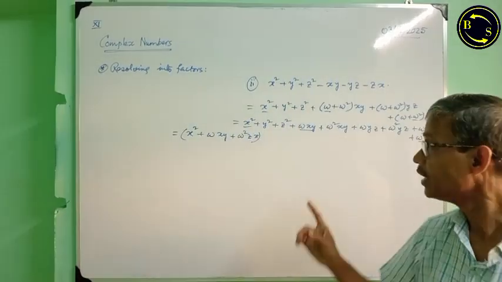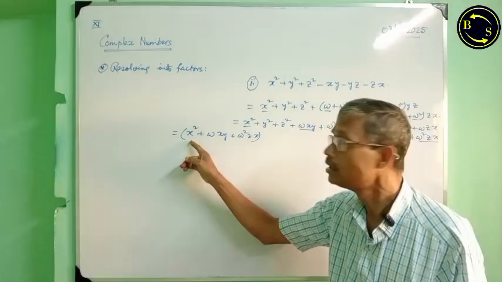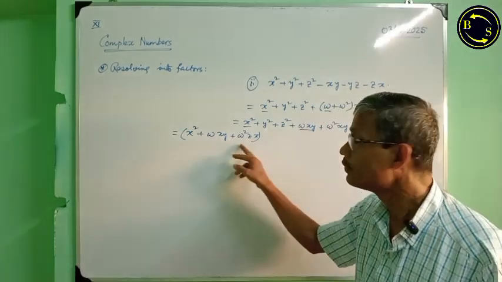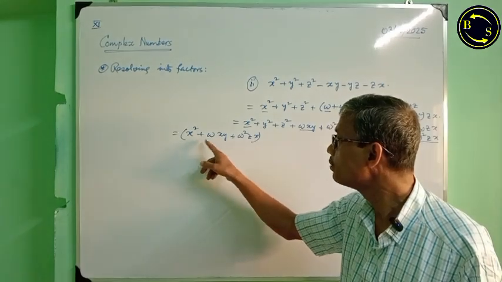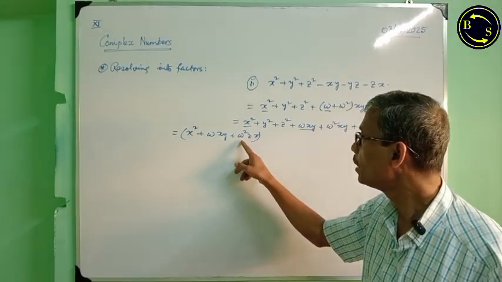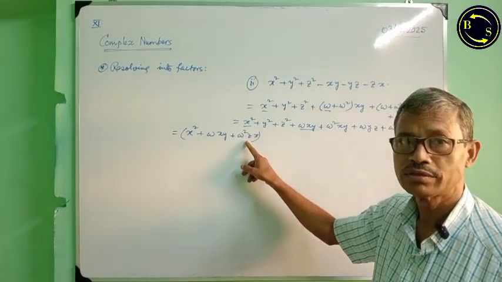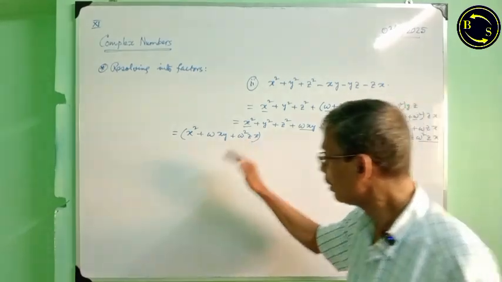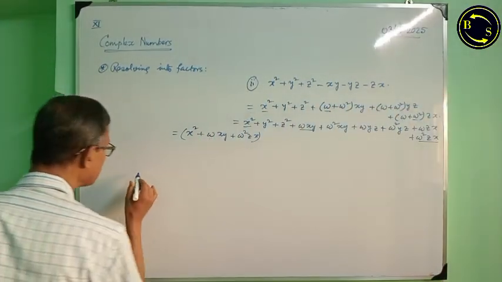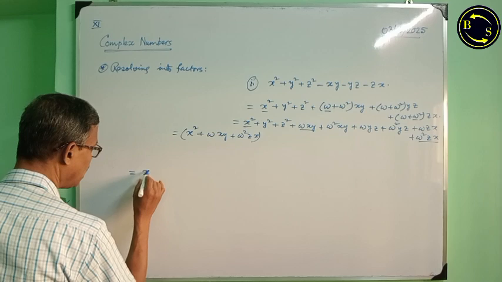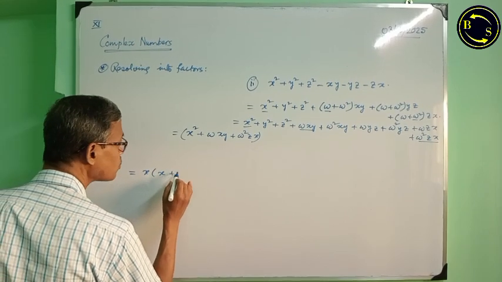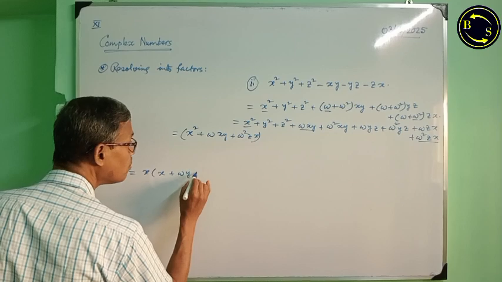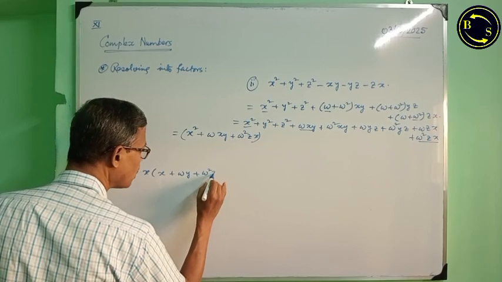Now you follow. If I take x common factor, then the terms of the other factor will be x plus omega y plus omega square z. I write that step first: x into x plus omega y plus omega square z.